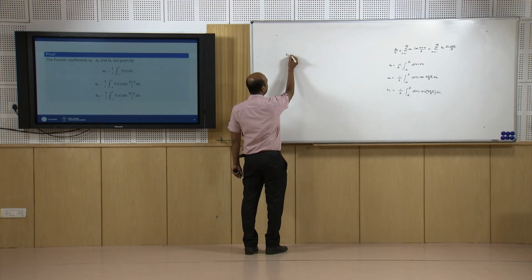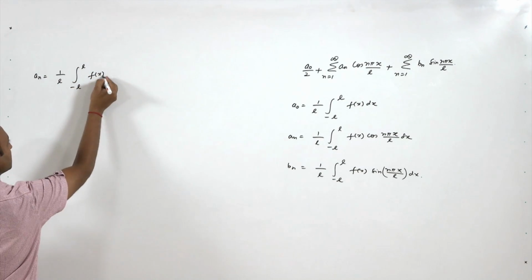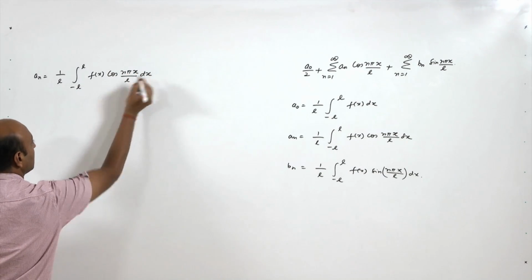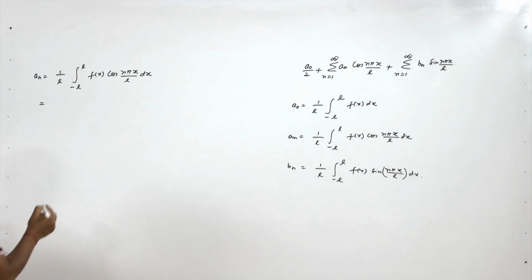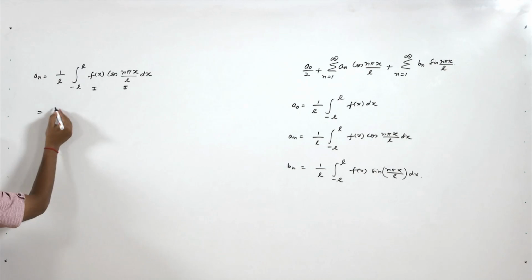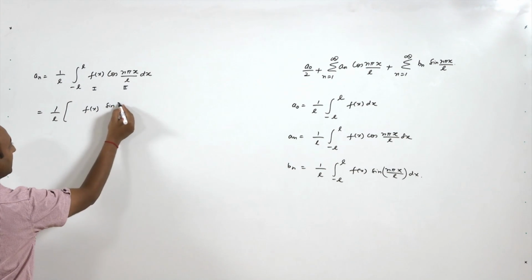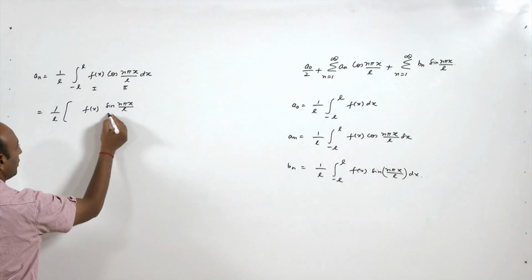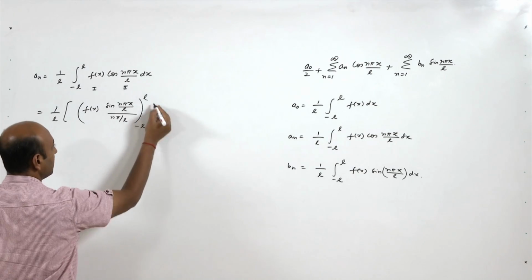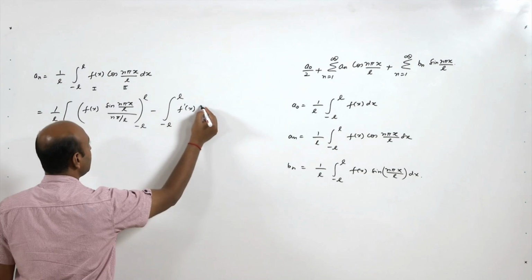Now, if we see a n, it is 1 by L integral minus L to plus L f(x) cos n pi x by L dx. Now, you integrate it by parts. You take the first function this, second function this, and integrate by parts. So it is equal to 1 by L, first as it is, integration of second, which is sin n pi x by L upon n pi by L, from minus L to plus L, minus integral of derivative of first and integral of second.